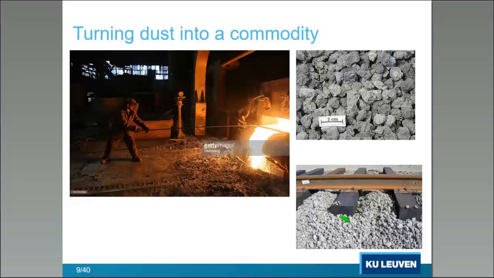And here you see a possible application of this solidified slag in railway construction. So therefore, we put it here, turning dust into a commodity as a byproduct, a secondary product of the yield of an electric arc furnace.